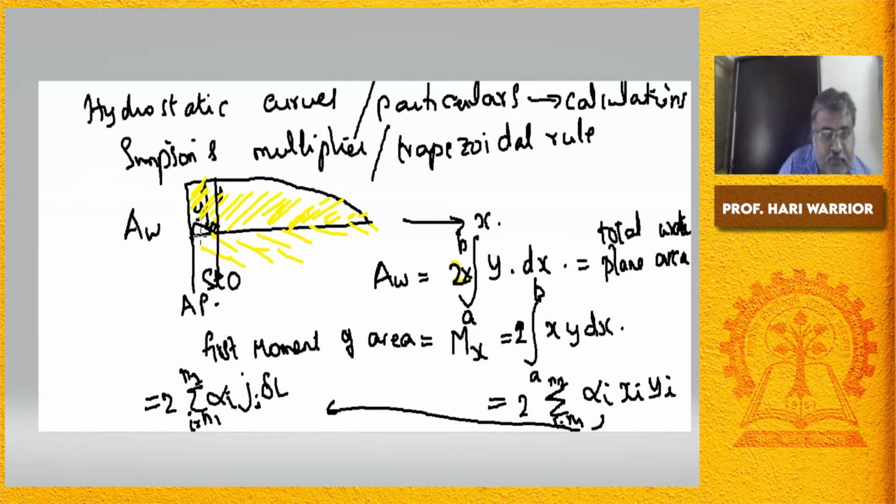This distance is dx equals delta x. This delta x comes there, and in this case we call it delta L. So this delta L is this distance.